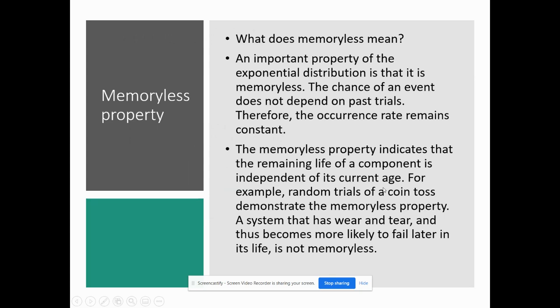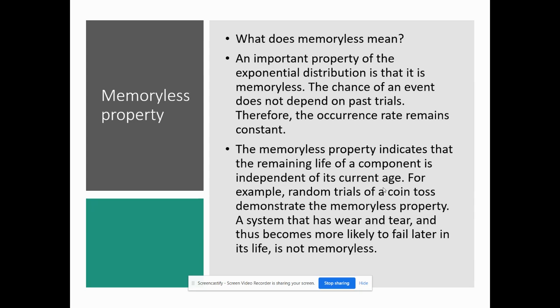So we have something called a memory-less property. What that means is that an exponential distribution is memory-less. That means the chance of the event occurring does not depend on previous trials. Therefore, the occurrence rate remains constant.